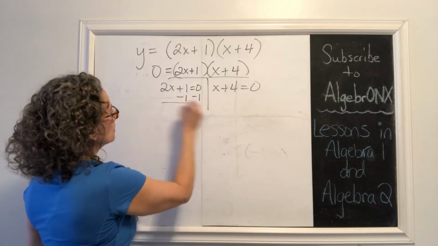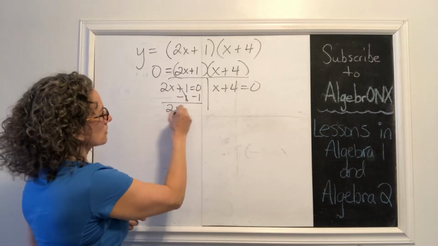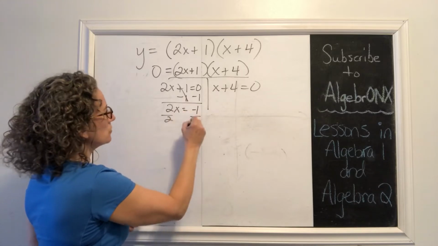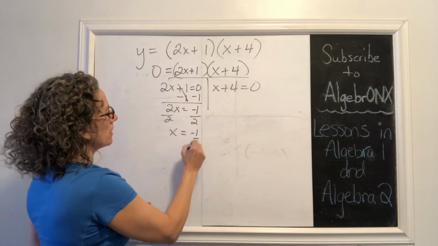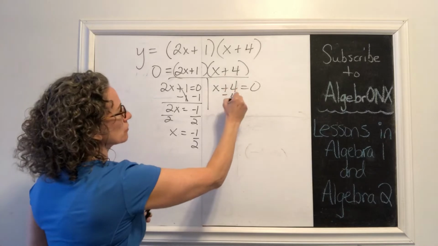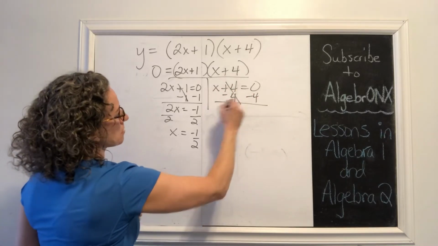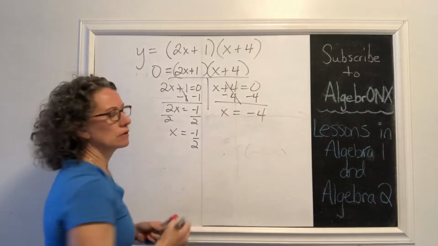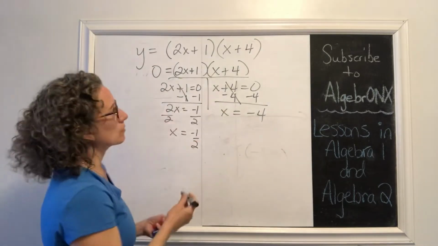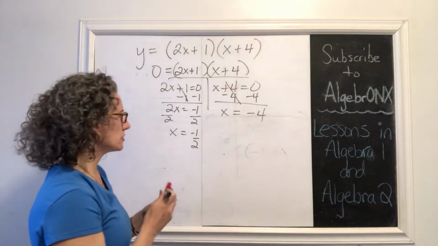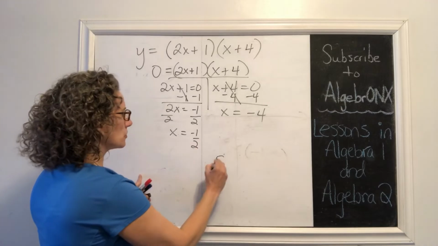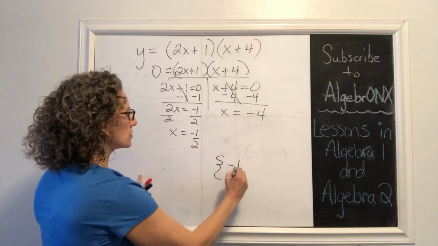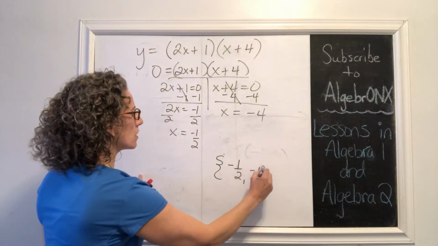Subtract 1, 2x equals -1, divide by 2, x equals -1/2, and subtract 4 from both sides, x equals -4. Okay, so in this case, I was given the factors, making my life a lot easier. These are your solutions. So solutions are -1/2, -4.